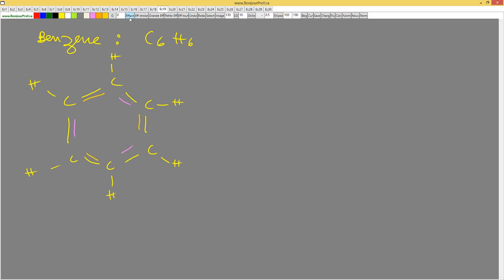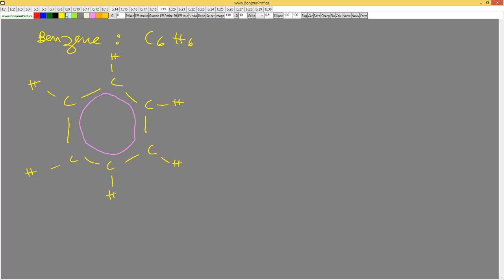So there is no fixed place for the double bonds. That's why chemists, when they represent a benzene, represent it with a ring. They put a circle here to say the double bonds are here, but they change place. So we don't know where they are at each time. And this is the benzene.